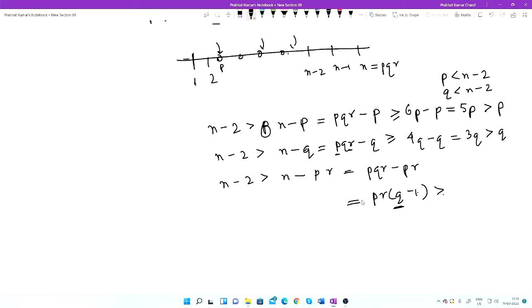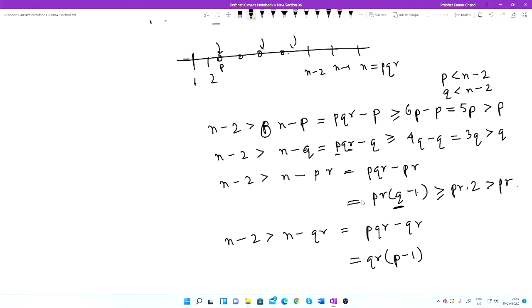So this is greater than or equal to pr into 2, which is strictly greater than a single pr, right? And similarly, we can prove the last inequality. So n minus 2 is greater than n minus qr, which is again pqr minus qr, which is qr into p minus 1. So this p can be 2, so this is greater than or equal to qr. So this is 2 minus 1, 1, so it is strictly greater than or equal to 1.